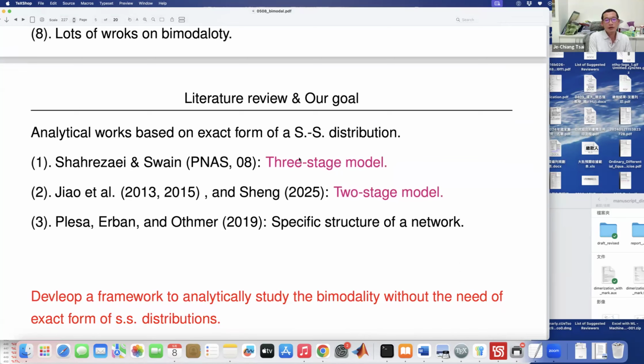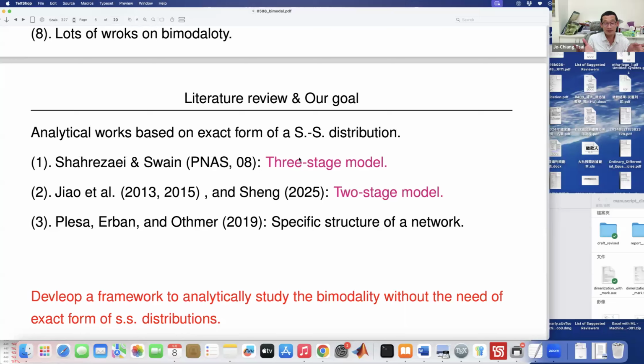because all the reactions are linear, they can derive the exact solution, or exact closed form, of the state distribution. But even if they can derive this exact form of the state distribution, it's still very difficult to understand the whole picture: which parameters correspond to bimodality, which parameters correspond to the unimodal distribution or the monotone decreasing distribution.